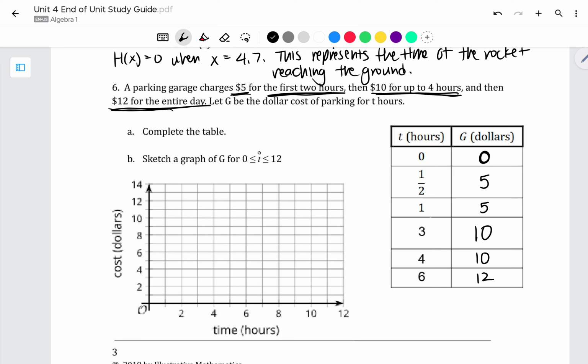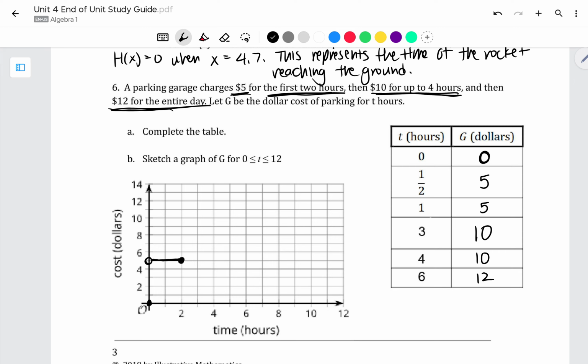Let's sketch a graph from 0 to 12. At 0, if you didn't park, it's still $0, if you leave within the minute. For the first 2 hours, it's going to be $5, so $5 from 0 to 2, just like that.